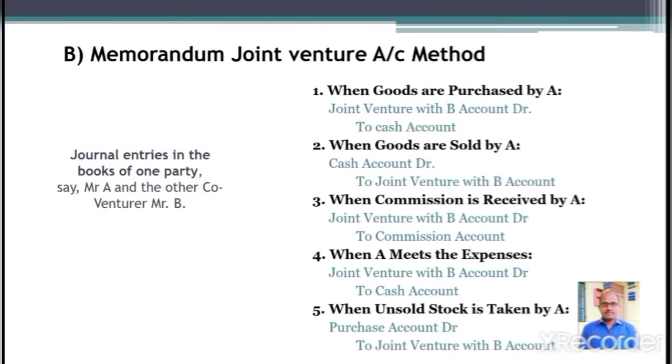Suppose a joint venture is between Mr. A and B. When goods are purchased by A, the journal entry is joint venture account with B debtor to cash account. When goods are sold by A, the entry is cash account debtor to joint venture account with B account.